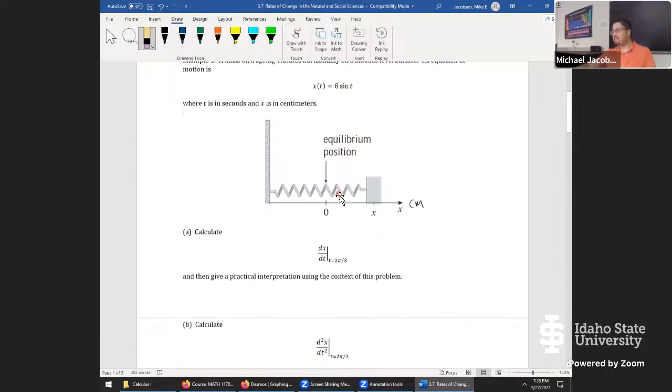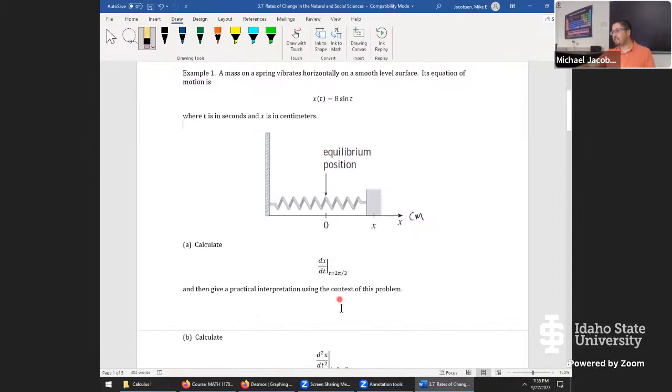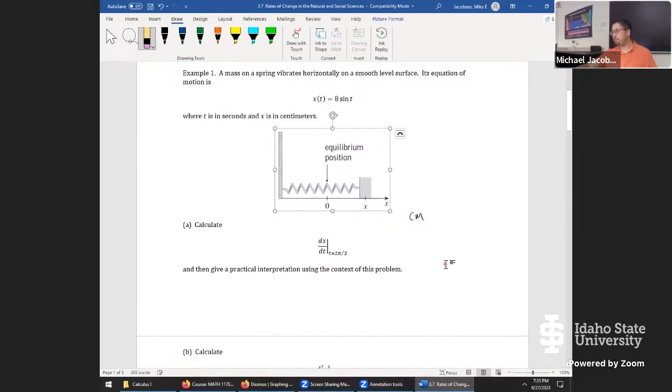Okay, part A says, we're going to calculate dx/dt, evaluate it when t is 2π/3, and then give a practical interpretation. Let's see if we can fit that in just a little bit better. So first thing to do is we'll go to x here. You could call this an x prime of t if you prefer. So that's always valid.